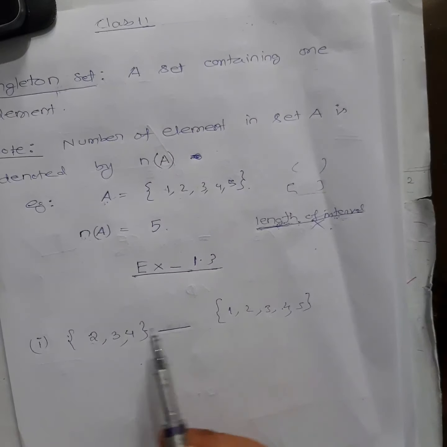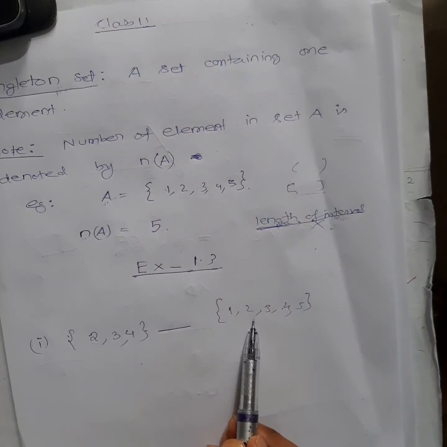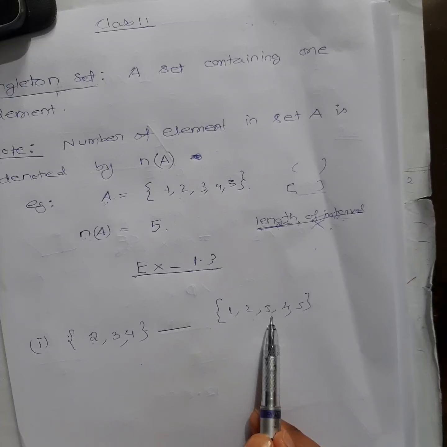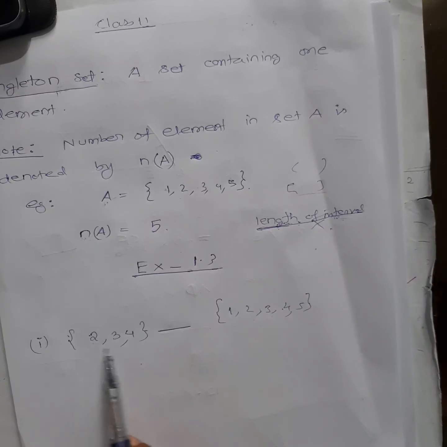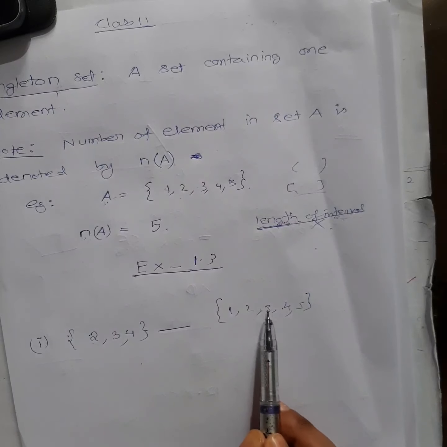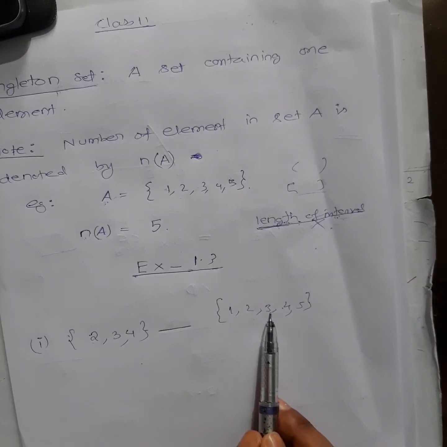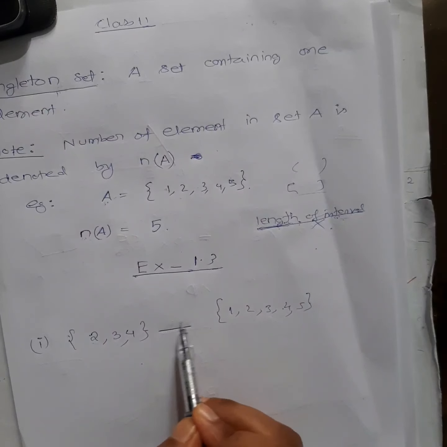If it happens like that, we say this is a subset of that one. And if it has fewer elements compared to the next set, then this will be a proper subset, meaning smaller than this one. So obviously I will check whether 2, 3, 4 is in this set or not. If it is there, it is a subset, we know that. 2, 3, 4, 2, 3, 4, it is there. All these elements are in this set, right? So it is confirmed that it is a subset.